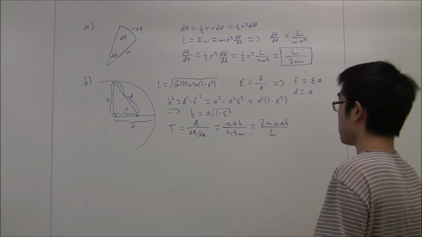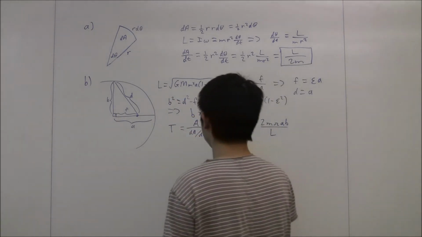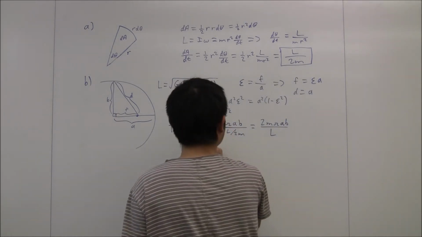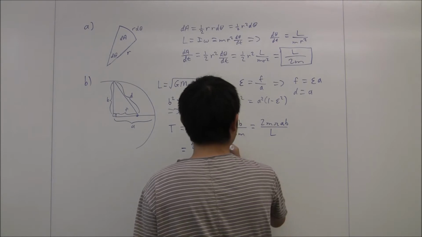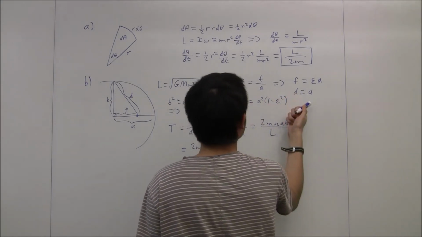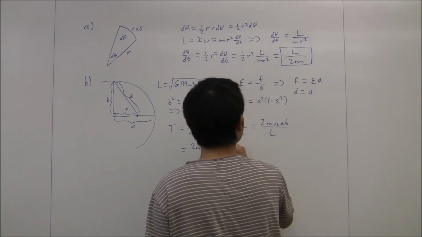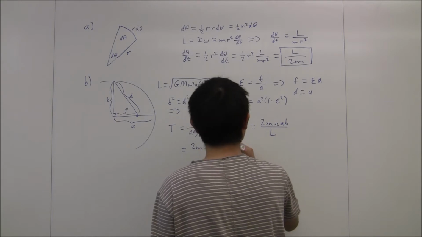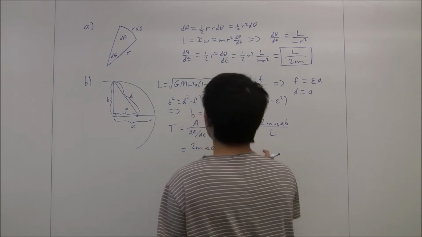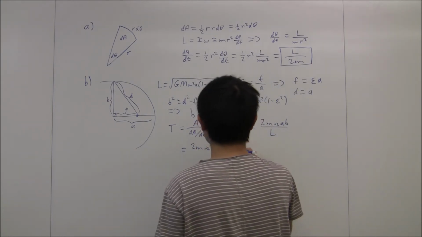Now we can plug in our values for b and L, which we were given in the problem statement. So the period is equal to 2m times pi times a times a times the square root of 1 minus epsilon squared.